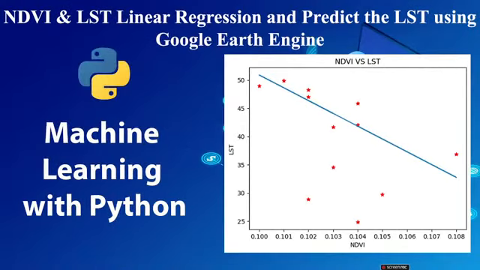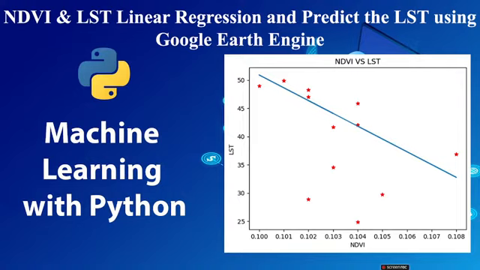Today I will try to discuss a very important topic for linear regression, and I also try to show you how you can easily make the linear regression between NDVI, which means normalized difference vegetation index, and land surface temperature, and also predict the land surface temperature based on NDVI.